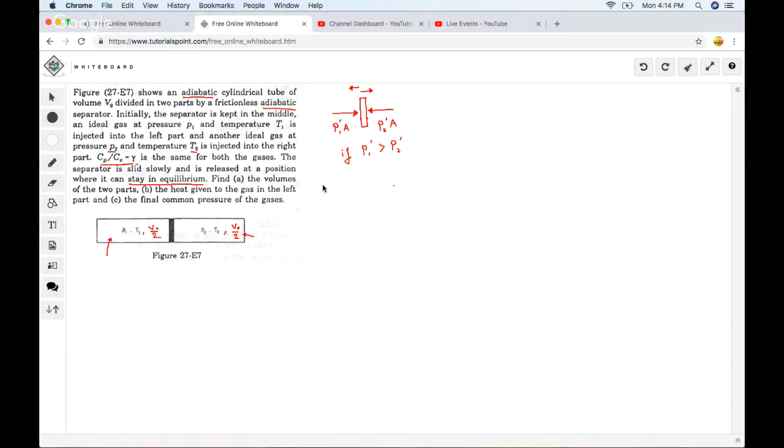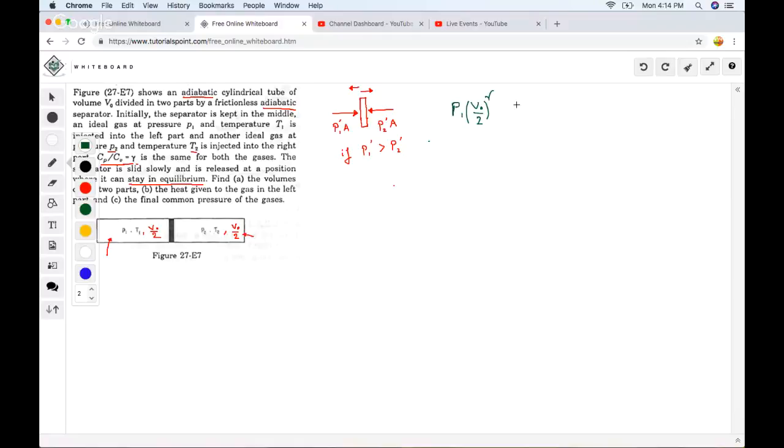Take P1 into V naught by 2 raised to power gamma. Pressure into volume raised to power gamma will be a constant in an adiabatic process, right?